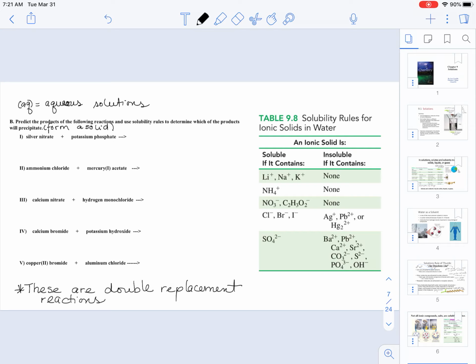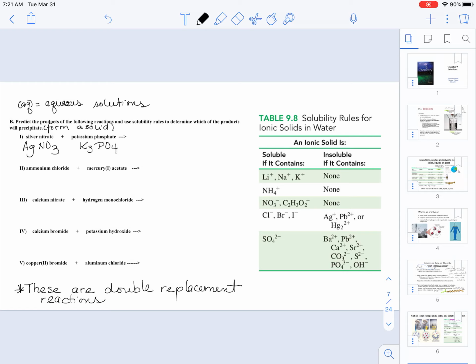So let's go over the first two compounds. Here we have silver nitrate, and the chemical formula for silver nitrate is AgNO3. We also have potassium phosphate. Potassium phosphate, the chemical formula is K3PO4. So to illustrate how both of these compounds are soluble in water, I'm going to look at table 9.8.